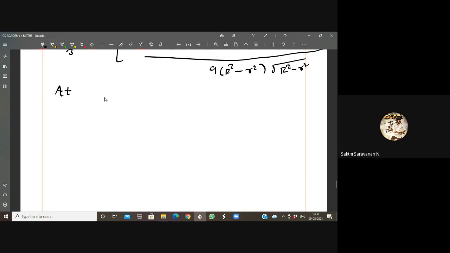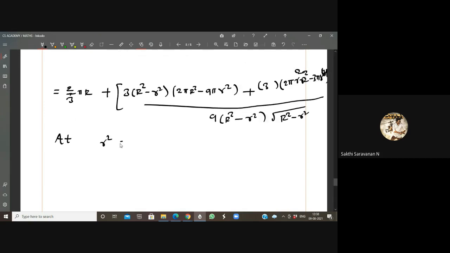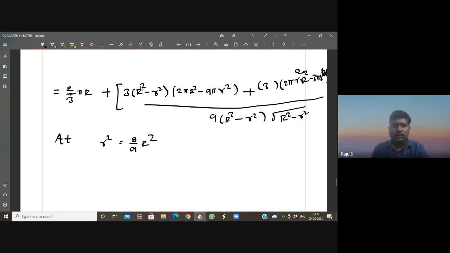Sir, you can scroll a little up, sir. Yeah, substitute all of you here this r square value at this critical point. Check the second derivative. So d square V by dr square is equal to, at this point, 2 by 3 pi r.